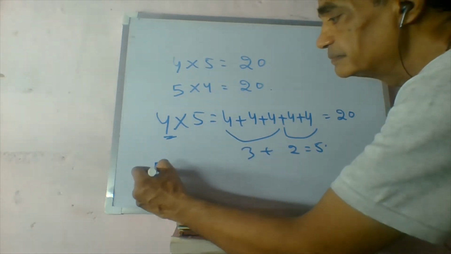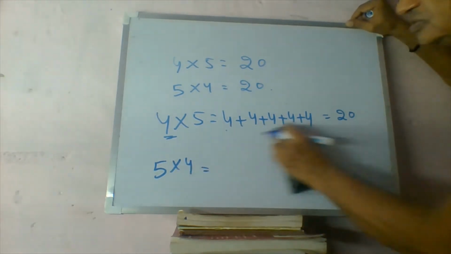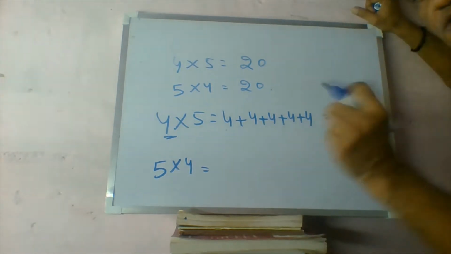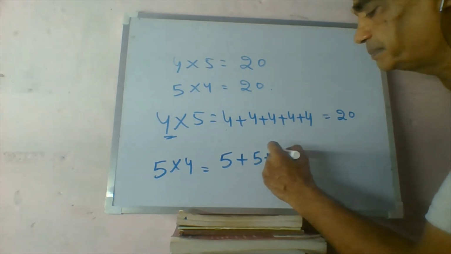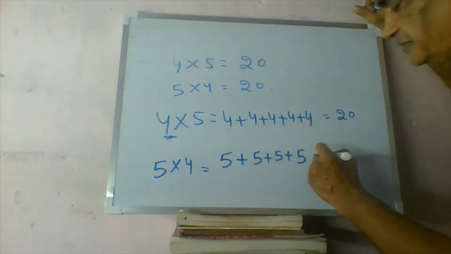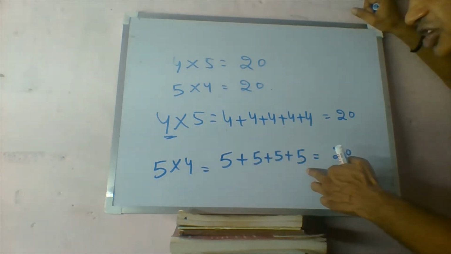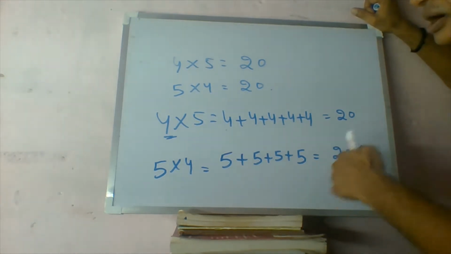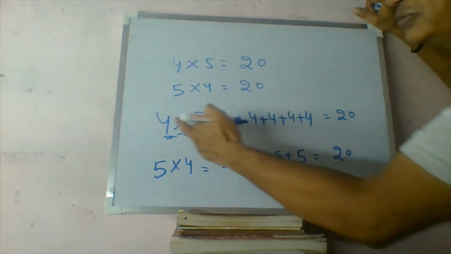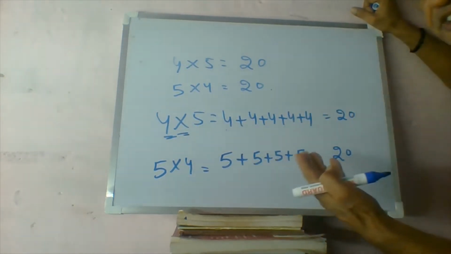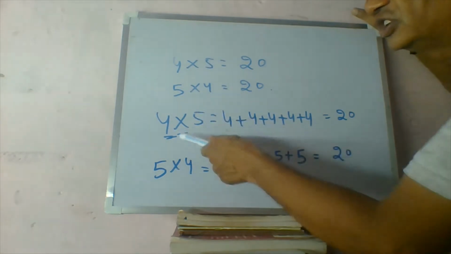Similarly, when we say 5 into 4, what we mean by this is add 4 fives together. That is 5 plus 5 plus 5 plus 5, and it again comes to 20. 5 plus 5 is 10, plus 5 is 15, plus 5 is 20. But if we get the language part of maths, 4 into 5 is yelling at us, conveying a message that you have to add 4, 5 times.